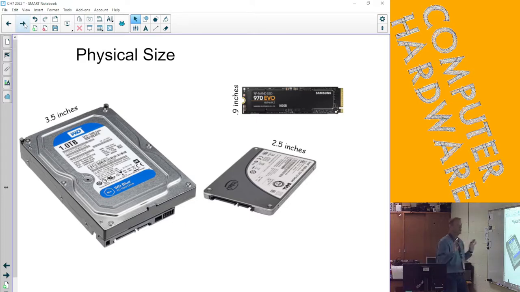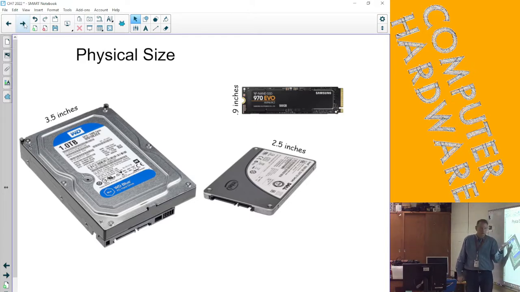It has nothing to do with how much it holds. This drive right here, which is this size, I'm just not opening the box, holds 8 times as much as this drive. It's way smaller physically. So capacity and physical size are two different things. The first thing we're talking about is physical size, to make sure you understand that if you're going for a laptop, you can't buy a 3.5.